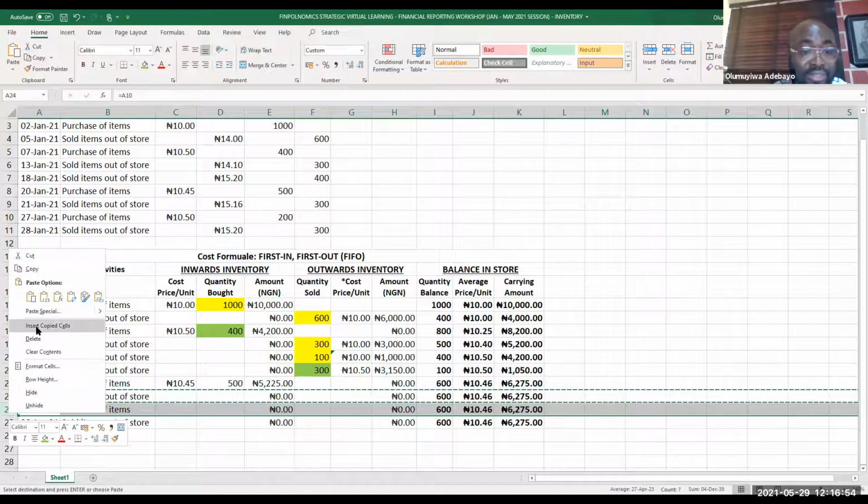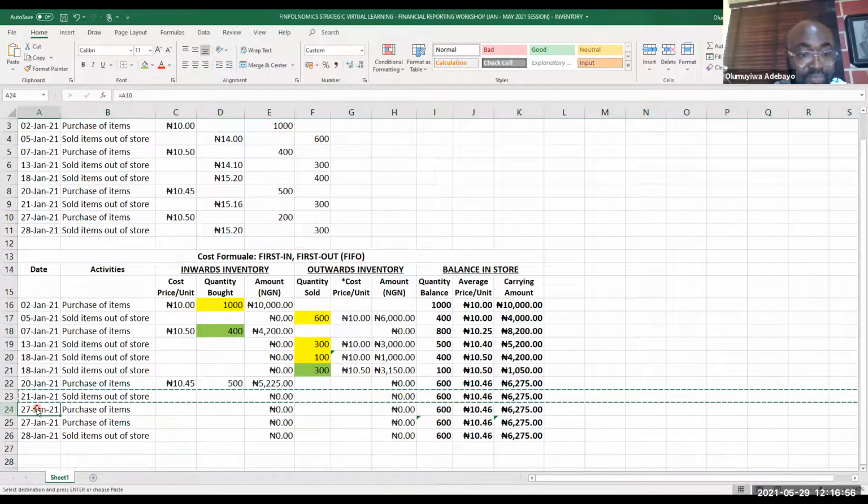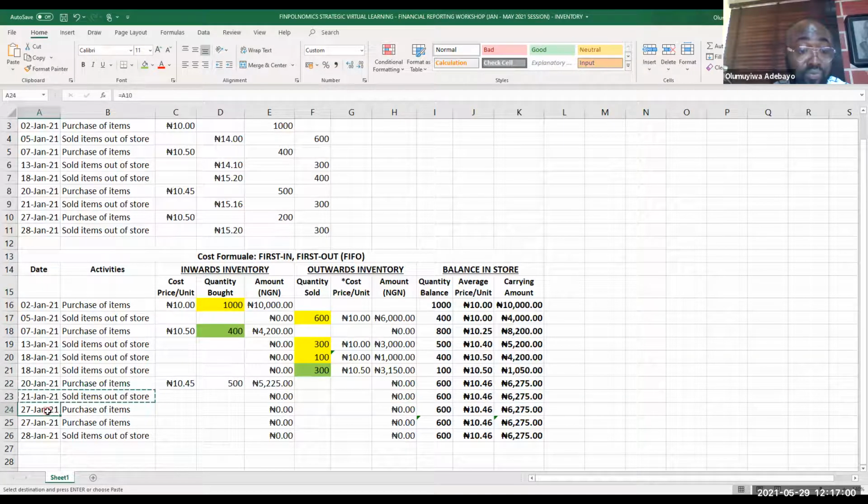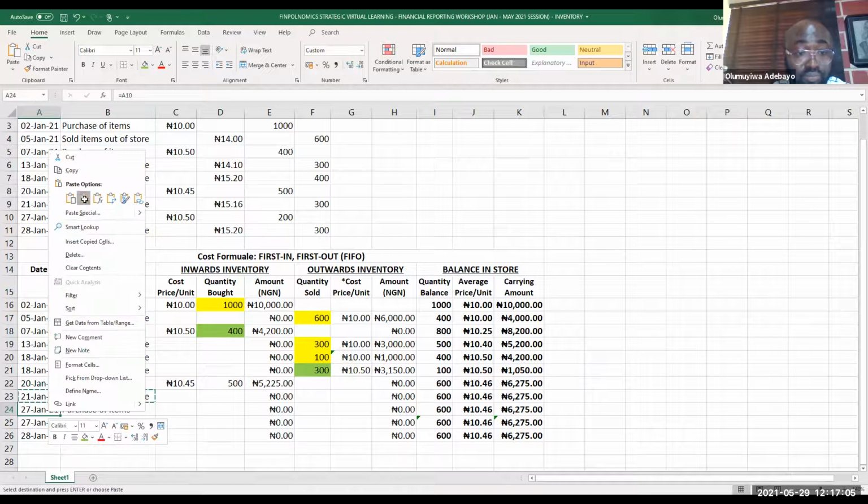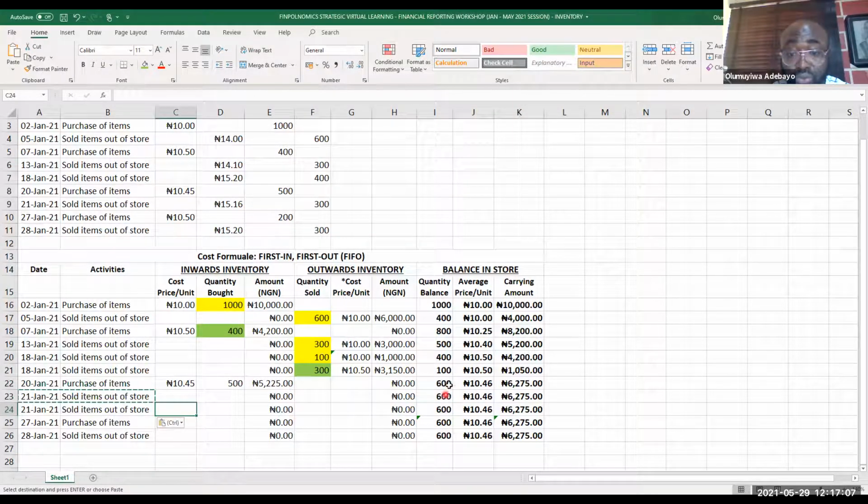Batch one of it came from the balance here. Between this 400 and this 300, there's a balance of 100.